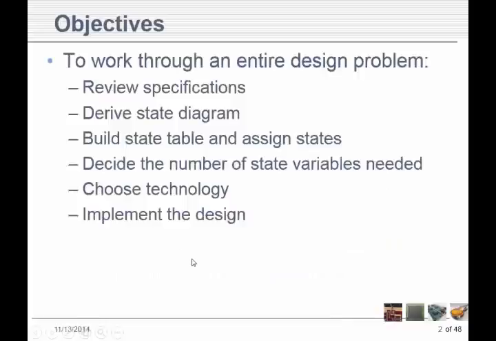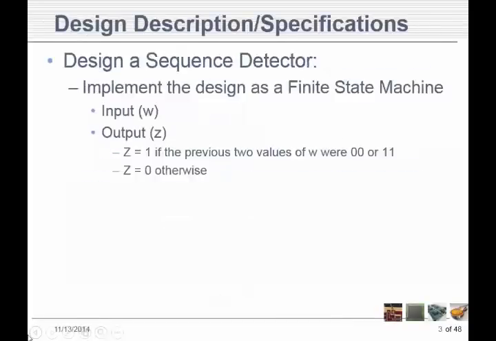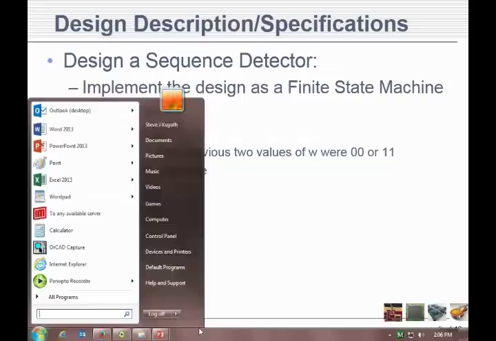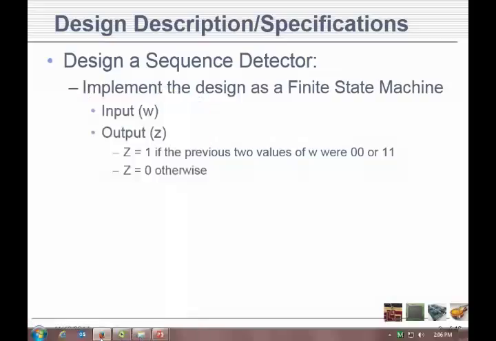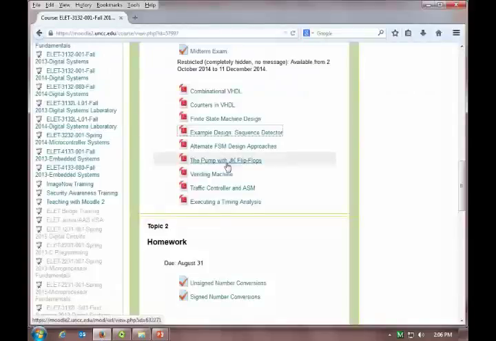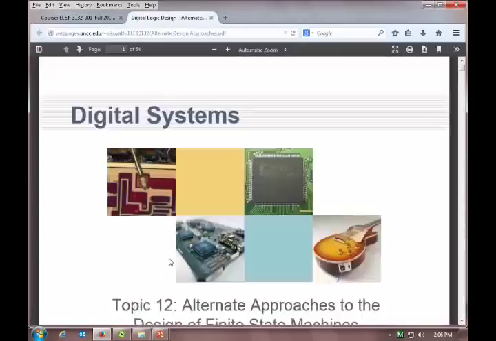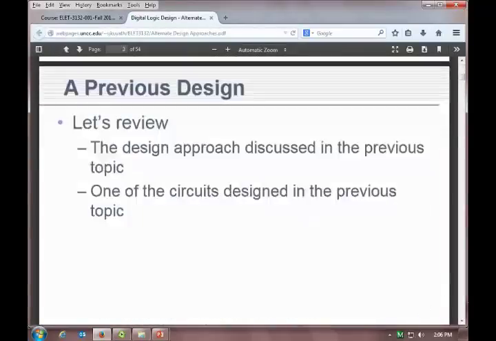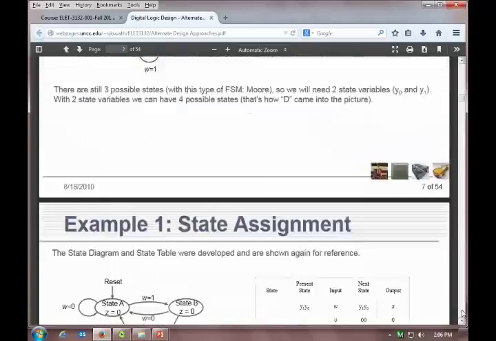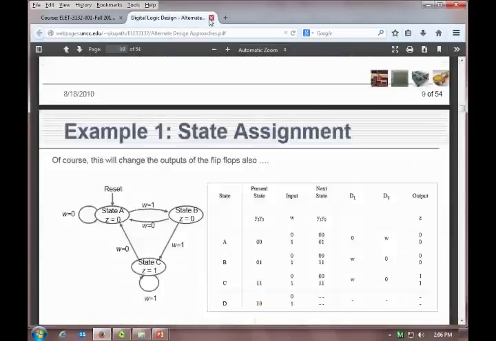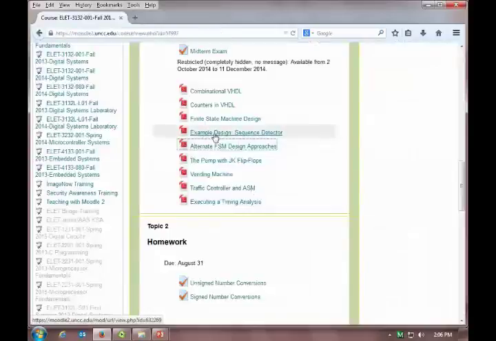This is another type of problem. If we can get into it today, I don't think we will, but if we can, I'll skip this one because we already did this one, didn't we? Alternate FSM design approaches. Somehow I missed this example design, and I was going to skip that to later anyway and go into the vending machine.